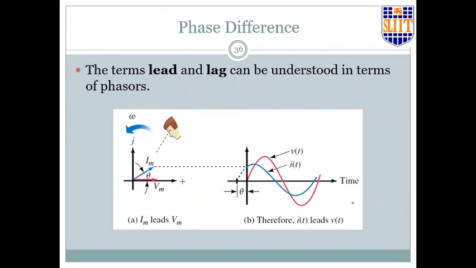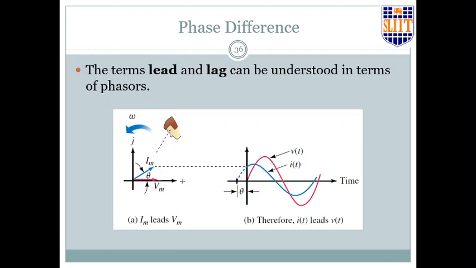Now that is lagging and leading, all dependent on when you look at a point, whatever comes first is the leading waveform. It crosses earlier, this is rotating in this direction, this is crossing you at an earlier stage, then only this comes, which means that Im is leading and Vm is lagging.